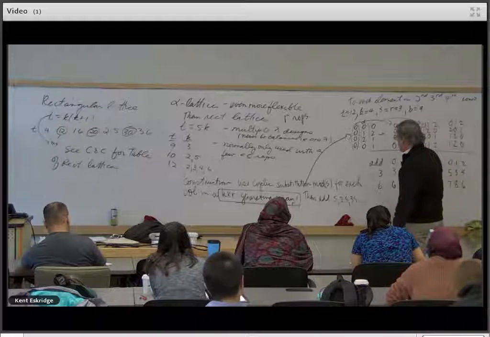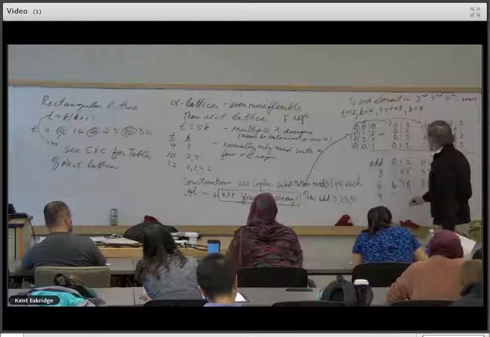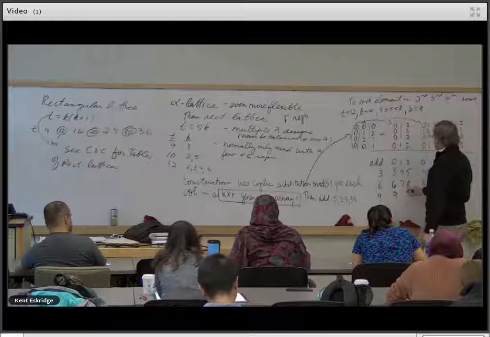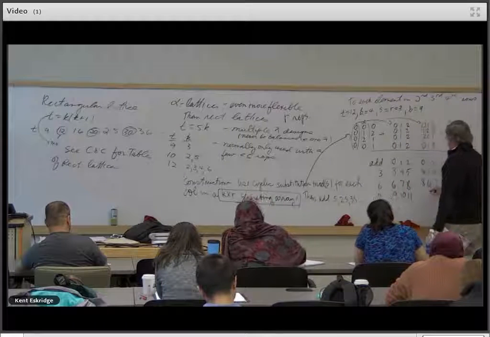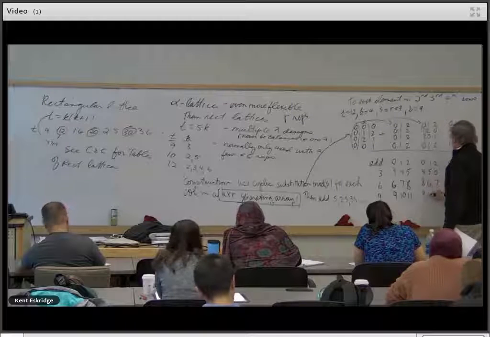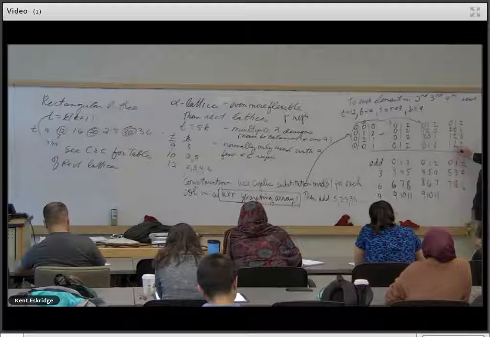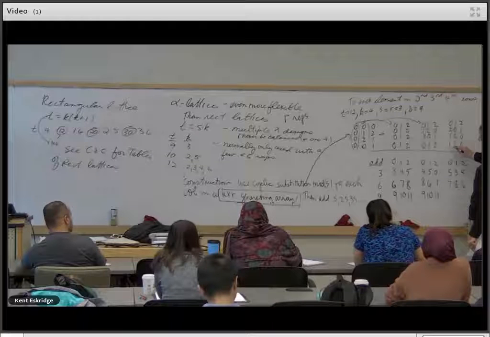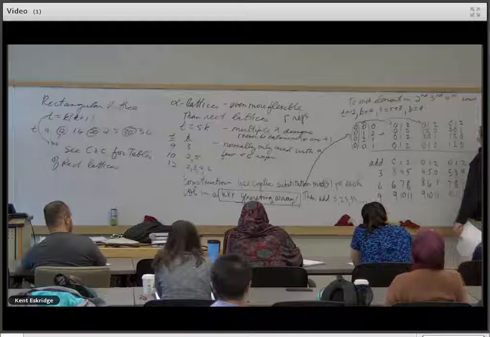And then the last one I have to add 9. So what is that? 9, 10, and 11. Then 9, 10, and 11. And then it's going to be 10, 11, and 12.